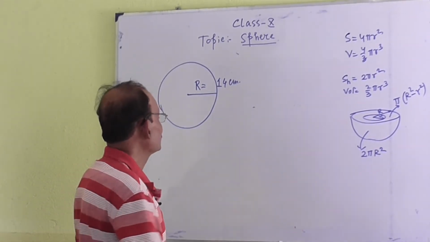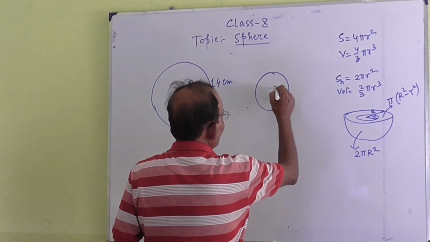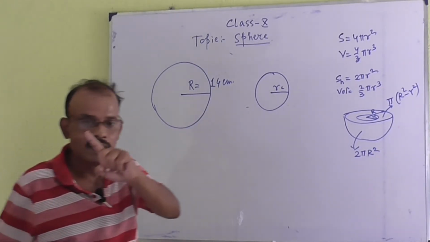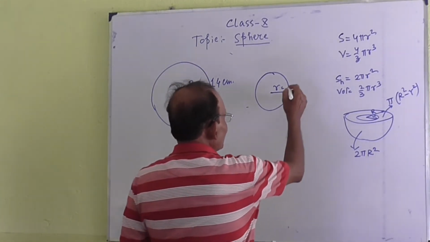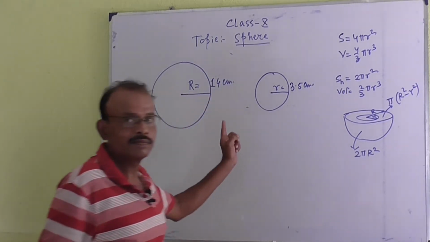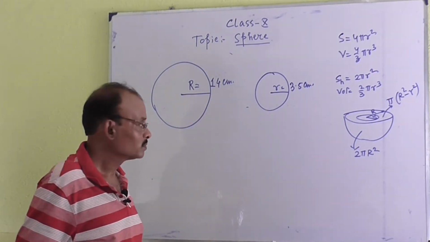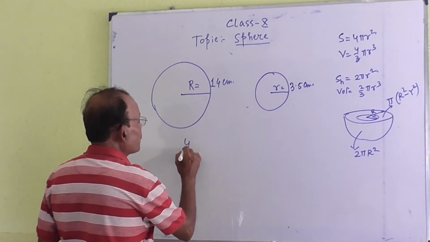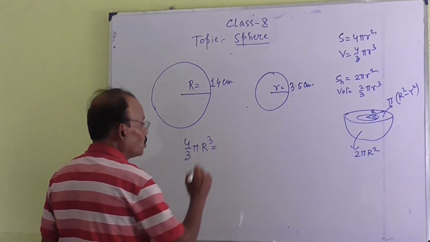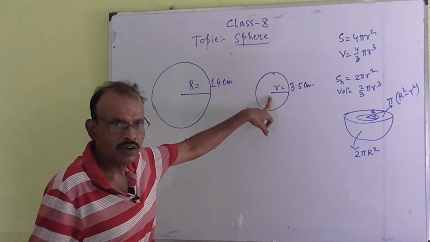Now, it is given that the radius of the small spheres is 3.5 centimeter. It is melted. Now, this volume will be 4 by 3 pi R cube equal to this small spheres.